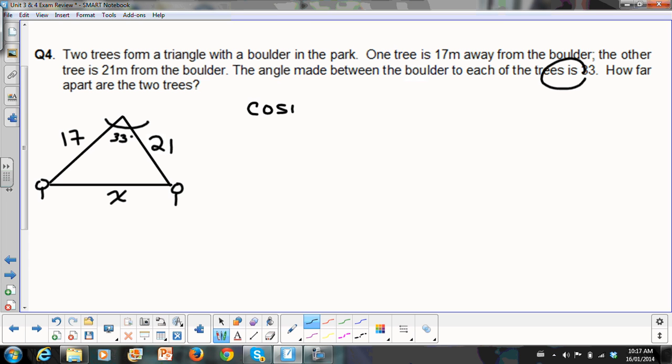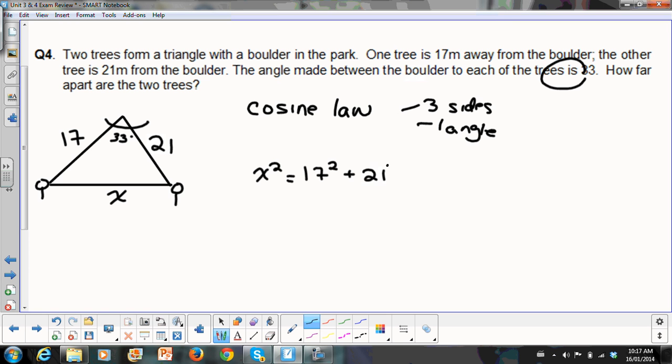We are using the cosine law here because we're dealing with three sides and one angle. Go back in your notes to refresh when to use which law. Cosine law is similar to the Pythagorean theorem with a subtraction of 2 times the two sides times the cos of the contained angle. When we simplify and solve, we get an x value of 11.5 meters.